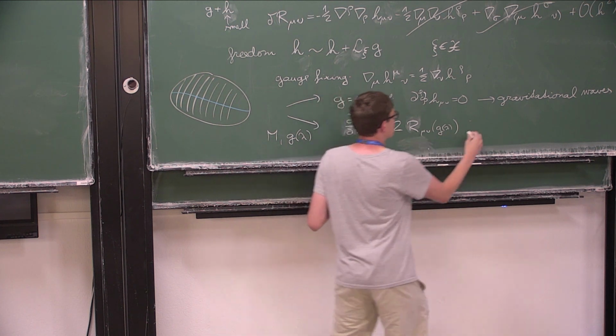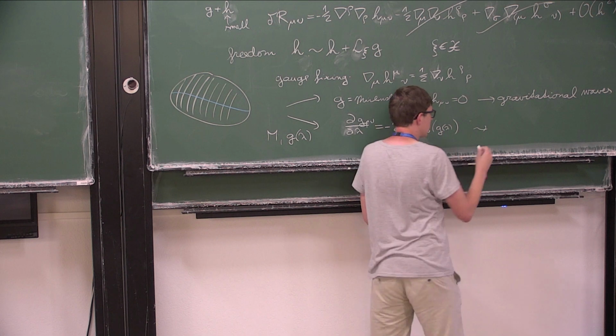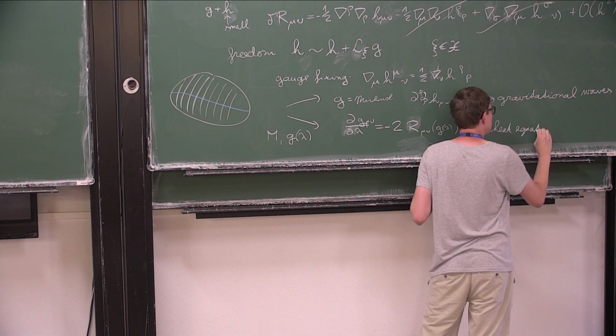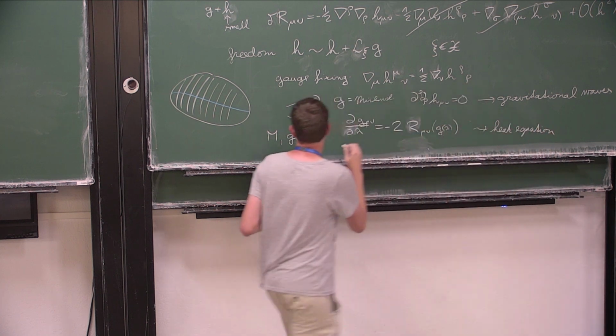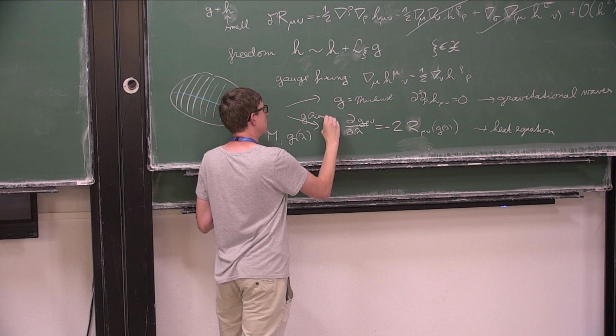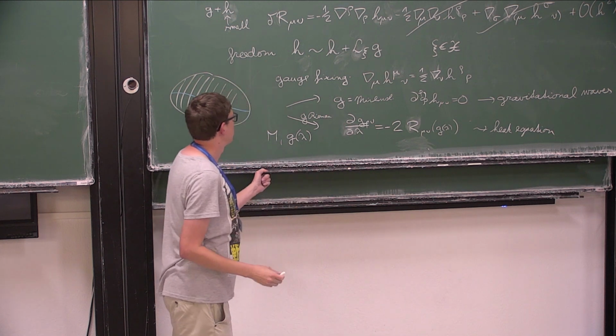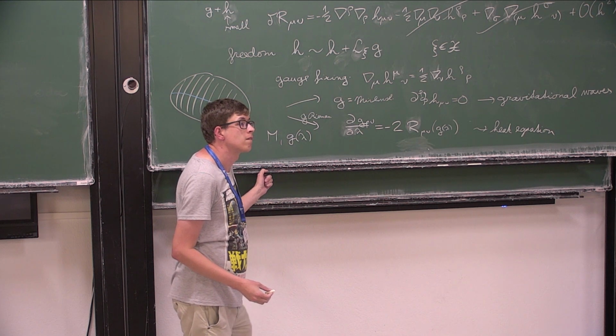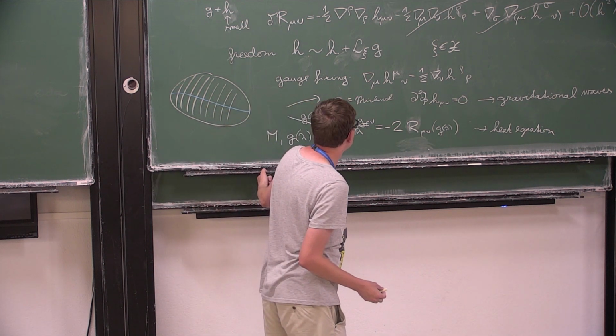So what I want to say is that if you squint your eyes and look at this, it looks like a heat equation. Here I didn't say this, but assume that G is really Riemannian in order for this to make sense. There you have a variation of Ricci, and here you have just Ricci.